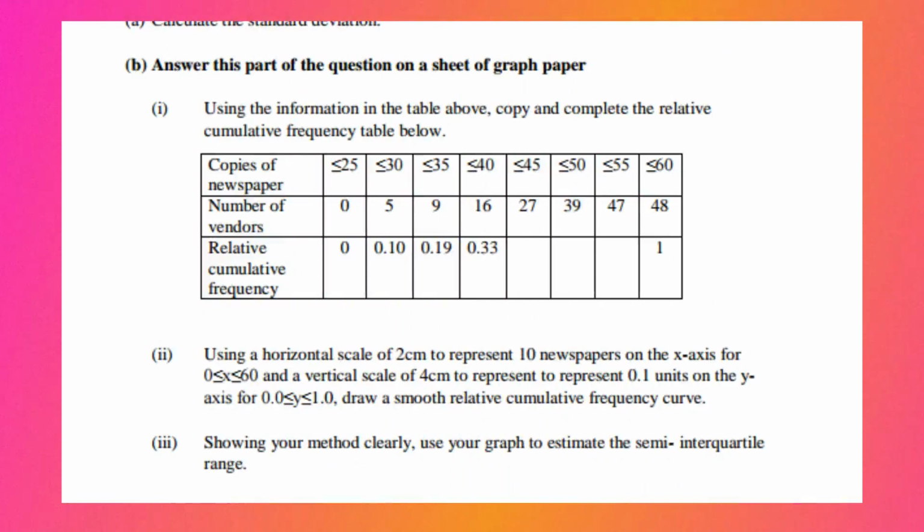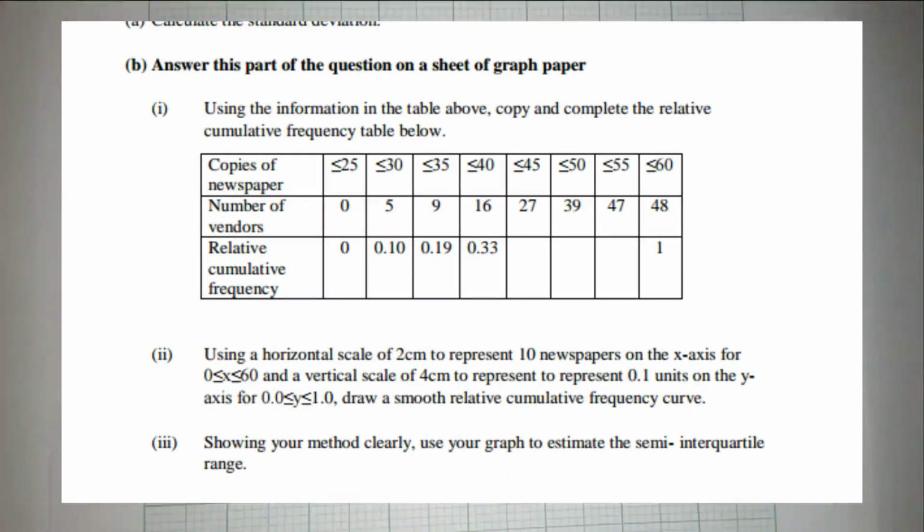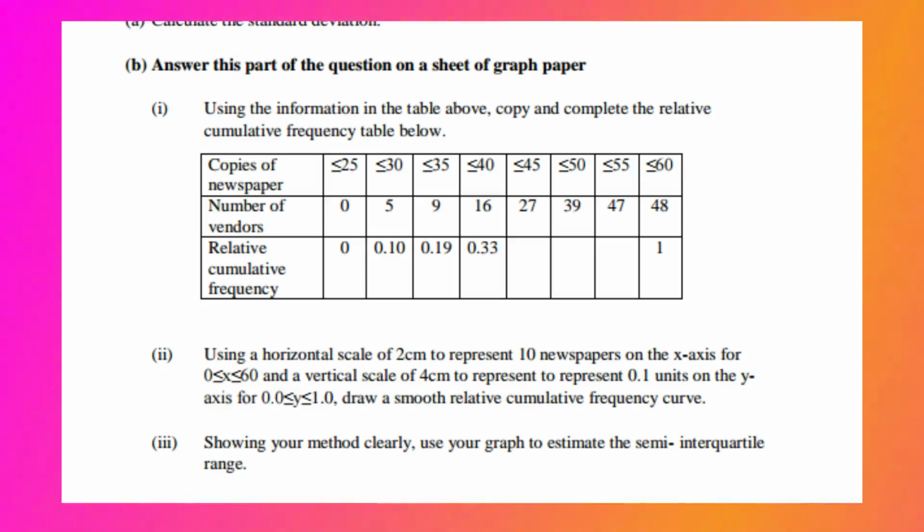been given the table. We can see this table, and they ask us to graph the smooth relative cumulative frequency. So let me talk a bit about how you find the cumulative frequency and the relative cumulative frequency. So we'll first start with the cumulative frequency.